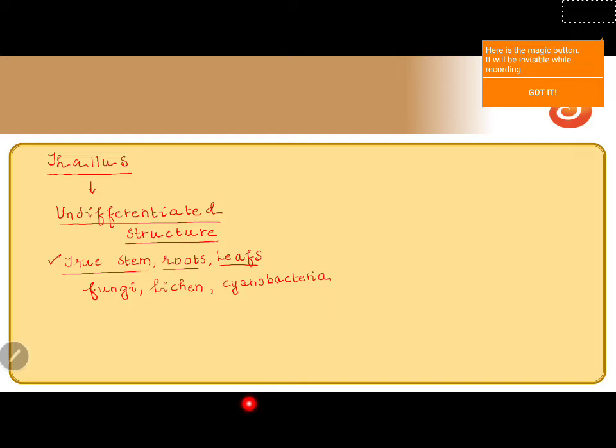Along with these are placed algae and bryophytes. So, if I am discussing the life cycle of plants, under thallophytes, my point of interest is algae and bryophytes, because in this group these are the plants. Both of them do not have an organized differentiated body structure. So, they are thallophytes.